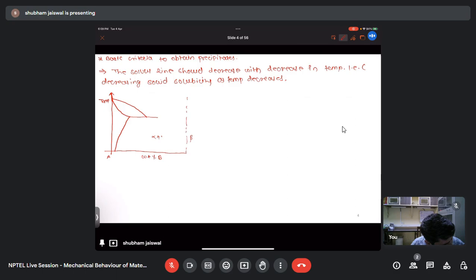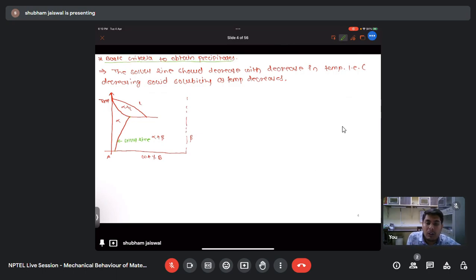Here we have alpha plus beta and alpha plus liquid, and here we have alpha. This is our solvus line. The basic criterion to obtain precipitates is that this solvus line should decrease with the decrease in temperature. Here you can see that from this point to this point, the solubility is decreasing with the fall in temperature. So in such a system we can get precipitates. This is the basic criterion to obtain a precipitate.